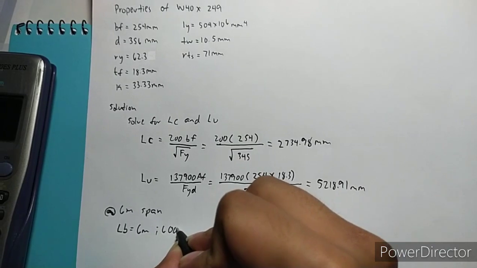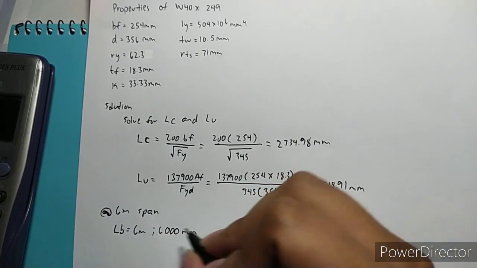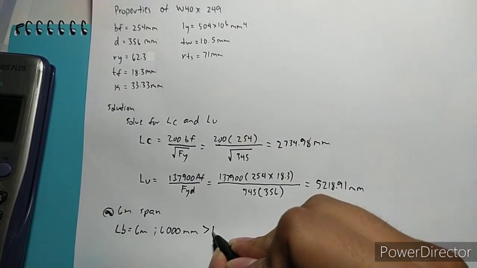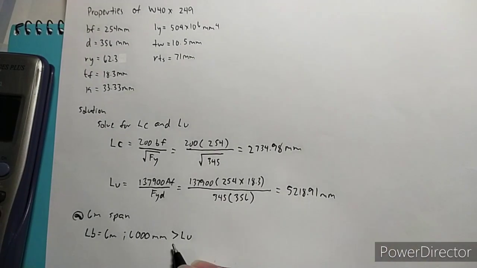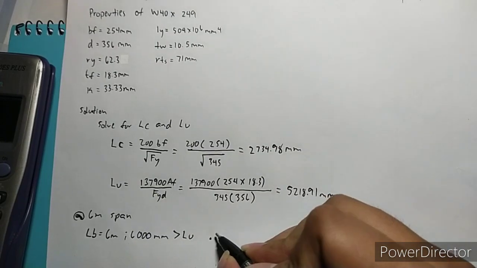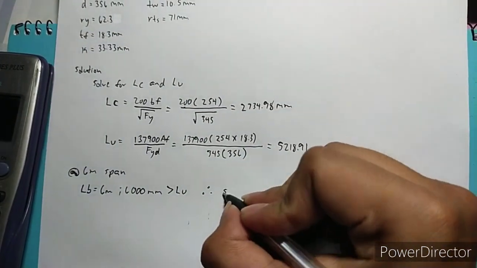So magiging 6,000 mm. So si LB natin is greater than the LU. So, ibig sabihin, dahil mas malaki siya sa LU, therefore, it is slender.